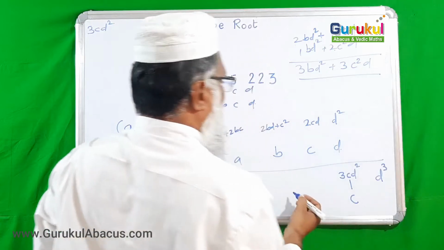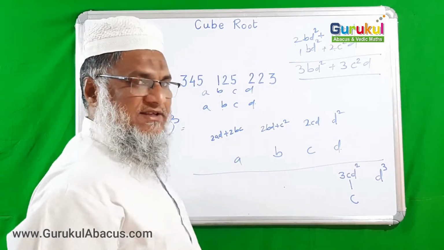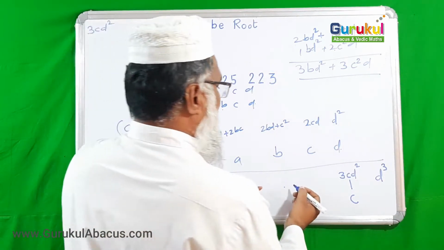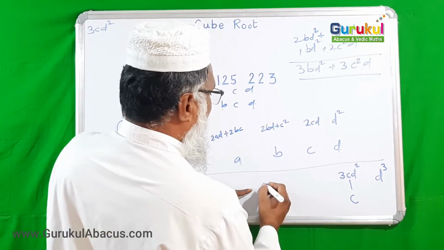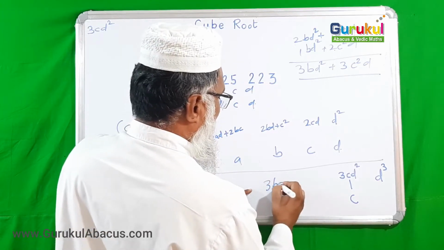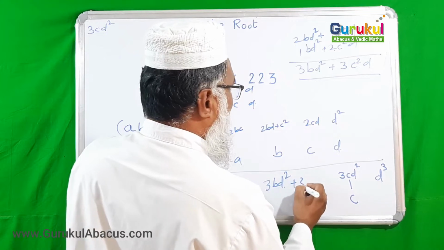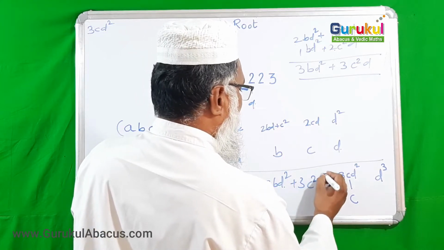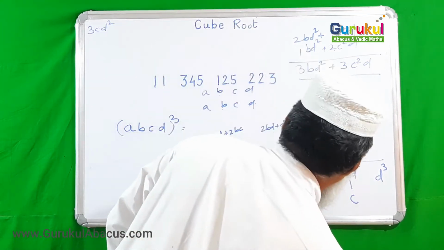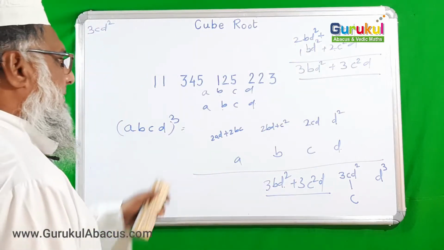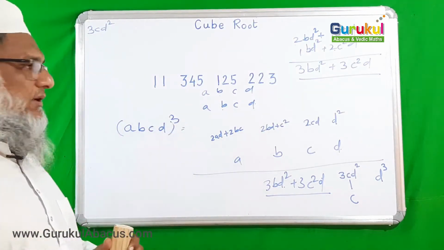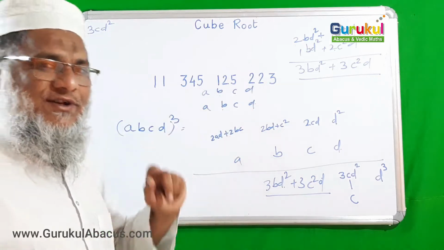This term we have found as a third term, so that I want to write as a third term, that is 3bd square plus 3c square d. This term we want to find b of the example wherever the answer is 4 digit.